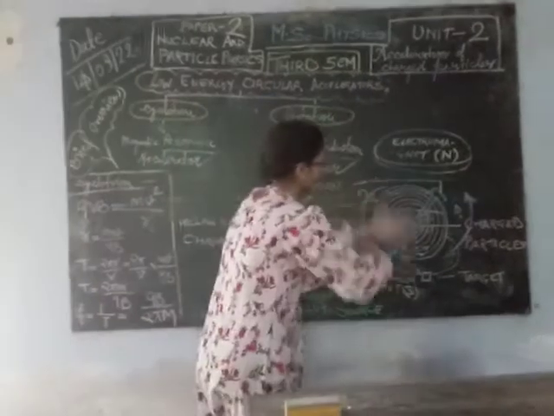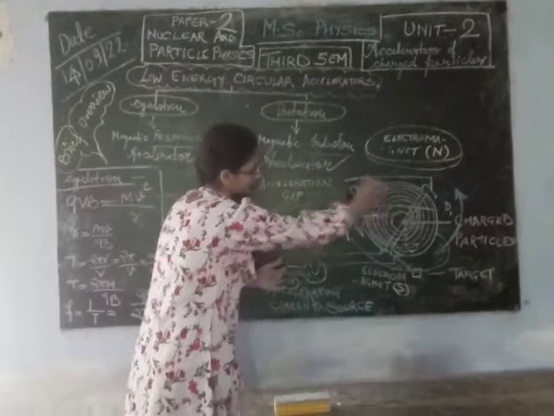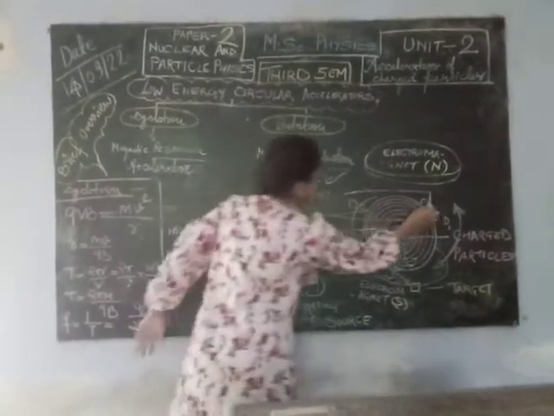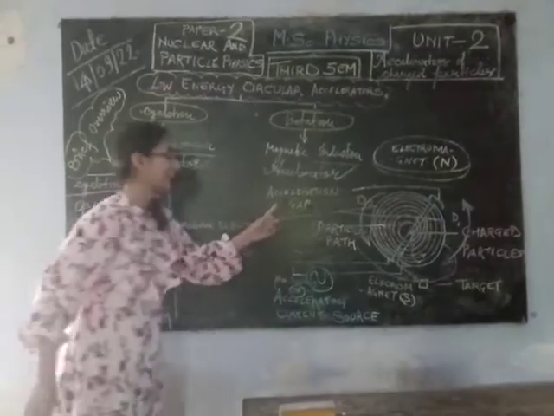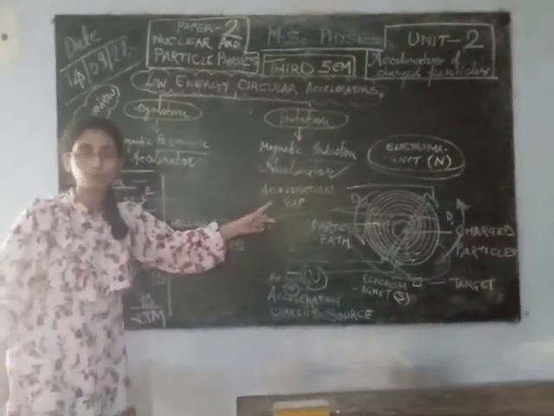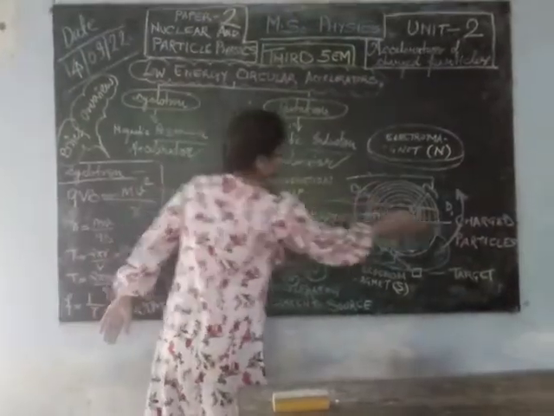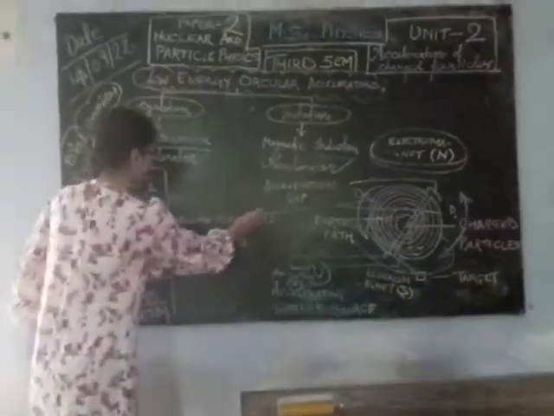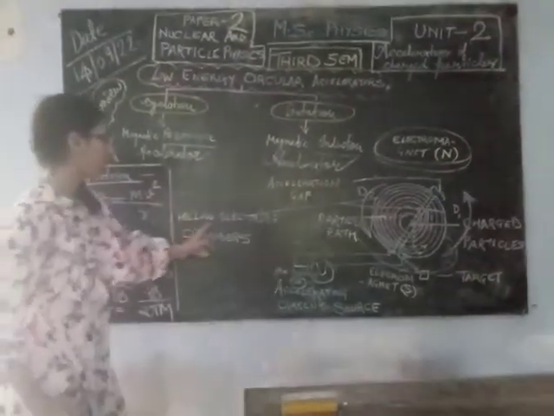This is the circular particle path, and this is the acceleration gap between both of the D's. These two sides are hollow electrode chambers.